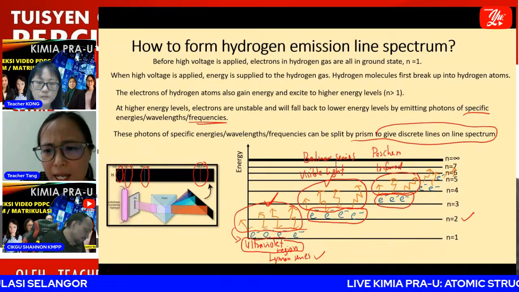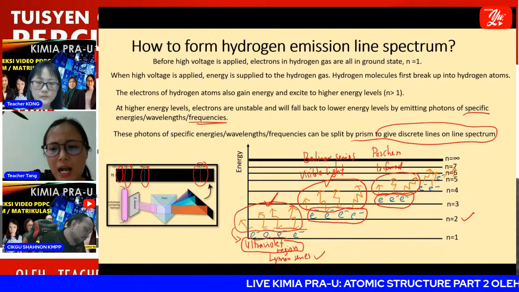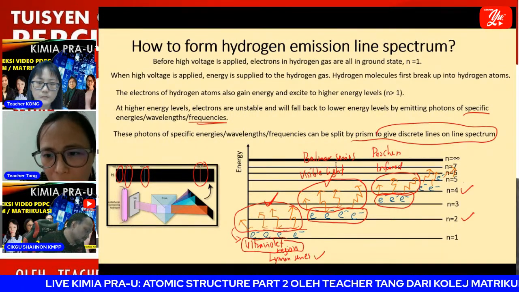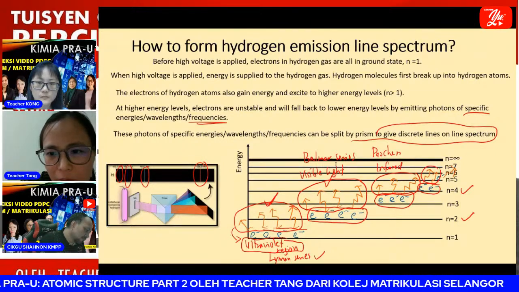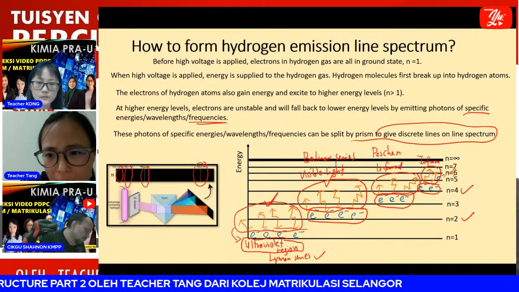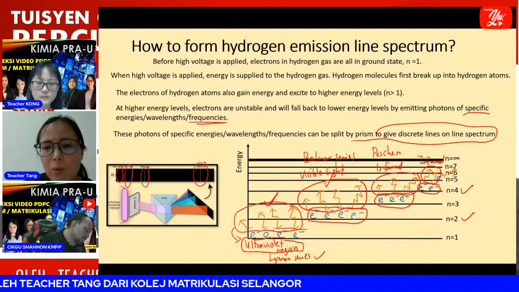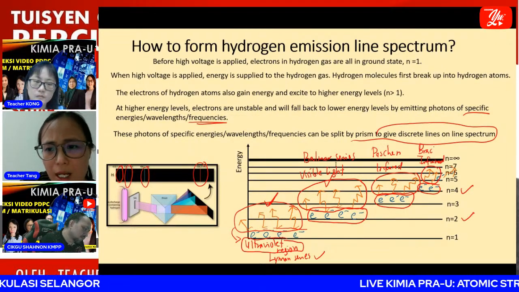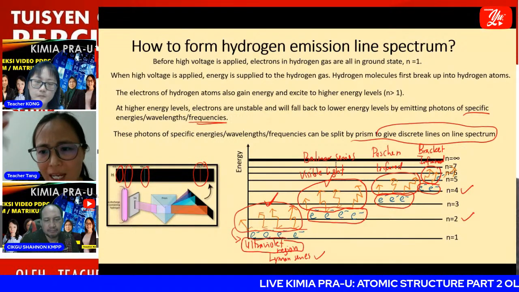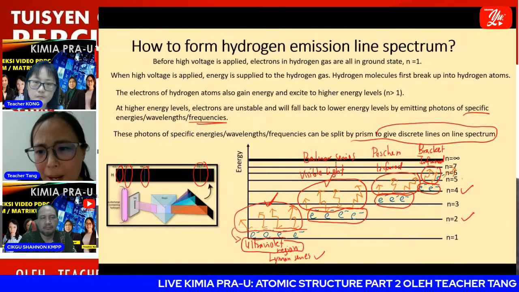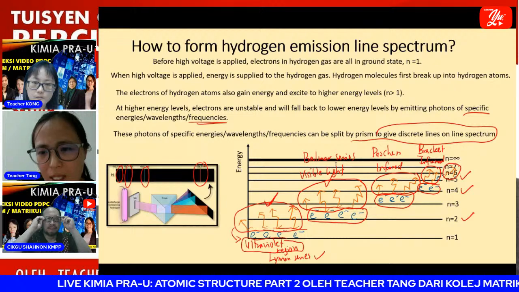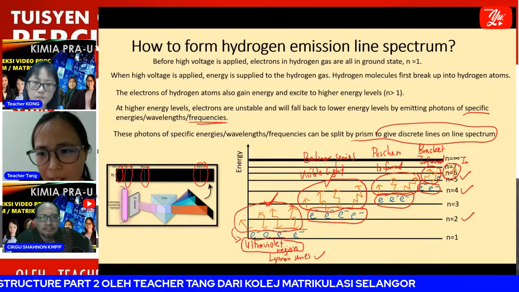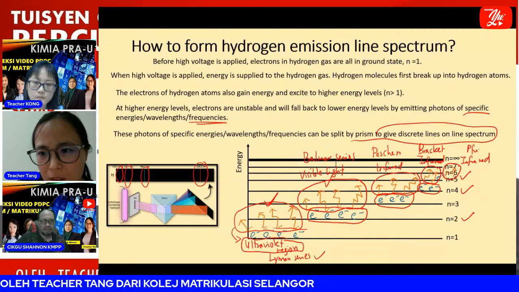If the electron drops back to n equals 4, the photon emitted again has energy in the infrared region, and that will give rise to the Brackett series. If it drops back to n equals 5, the photon emitted will have energy in the infrared region as well, and that gives rise to the Pfund series.